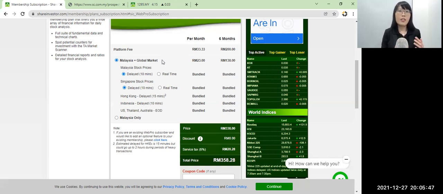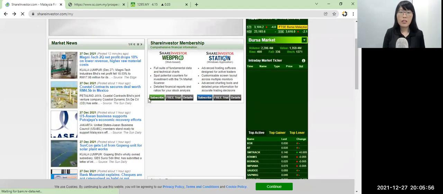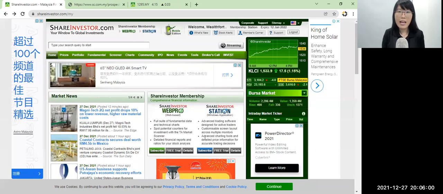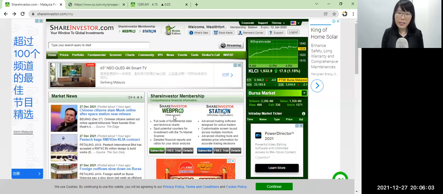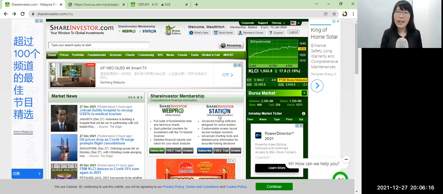In the ShareInvestor website, there are two software. ShareInvestor WebPro is web-based, and ShareInvestor Station is a more powerful charting software. If you are a TA, you can also find the market depth information in ShareInvestor Station.